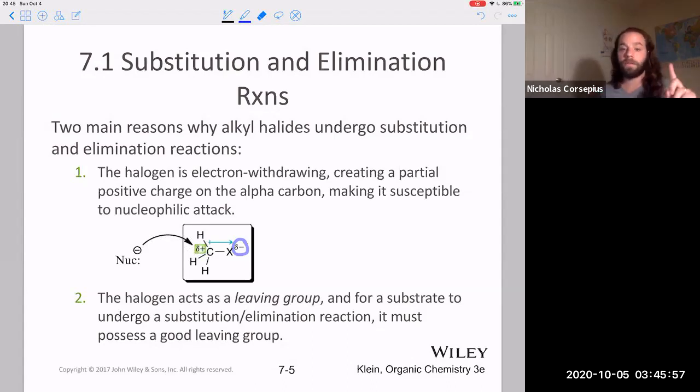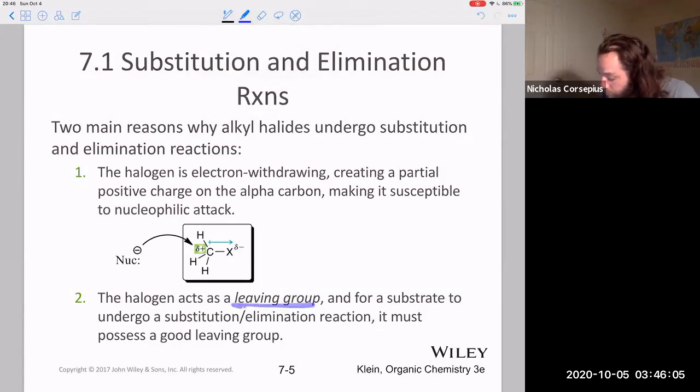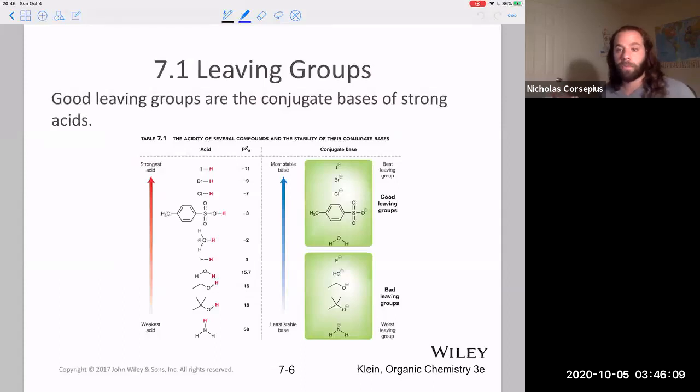Okay, so that's one main feature of alkyl halides that is going to be important. The other one is that the halogen itself is a good leaving group, right? Remember, what did it mean to be a good leaving group? We had this very simple relationship before, which was good leaving groups are bad bases. Remember, we did this whole acid-base section, and we can tell that good or bad bases are the conjugate bases of good acids, right?